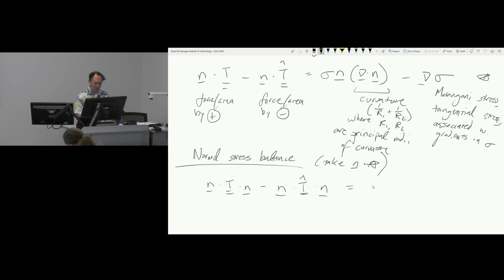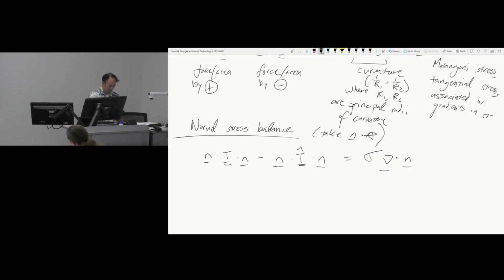We already know the direction, so this becomes a scalar equation where every term here is just going to give us a constant. So here, this is called the jump in normal stress. I'll illustrate that in a second when we talk about bubbles. And this is called the curvature force.